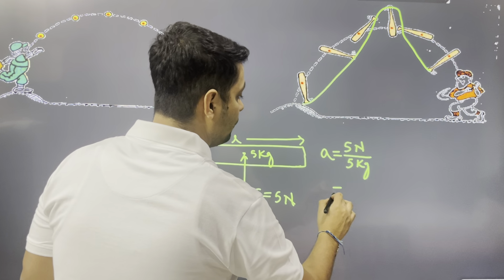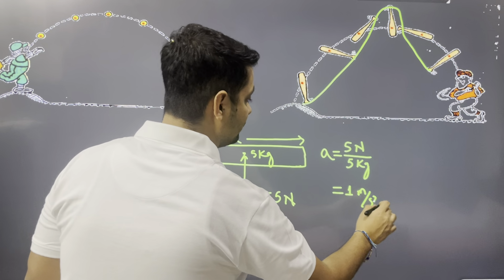It can be written as 1 meter per second square.